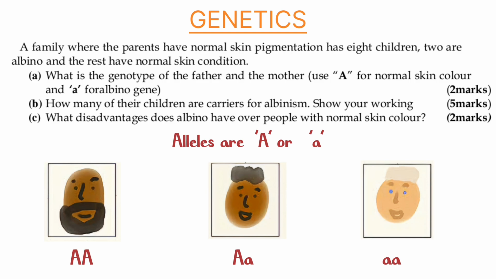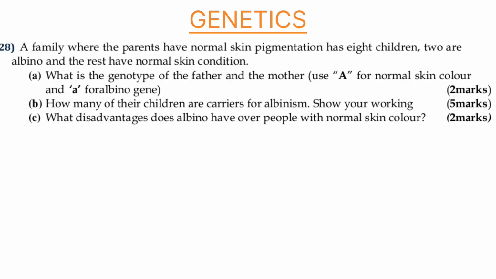Okay, now let's tackle the questions themselves. Part A, what is the genotype of the father and the mother? We're told that the parents have normal skin pigmentation, but surprisingly, 2 of their children are albinos. And we know that for a child to be an albino, they must inherit 1 allele from either parent.